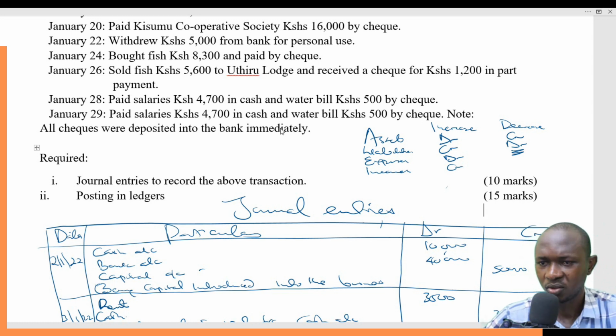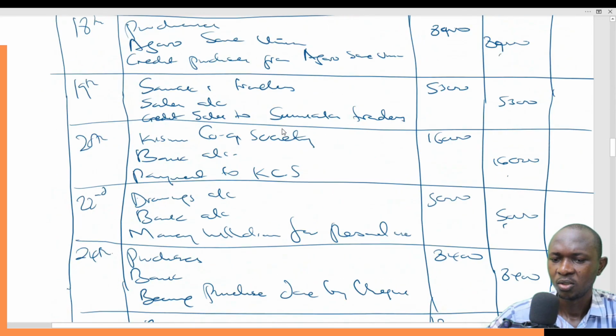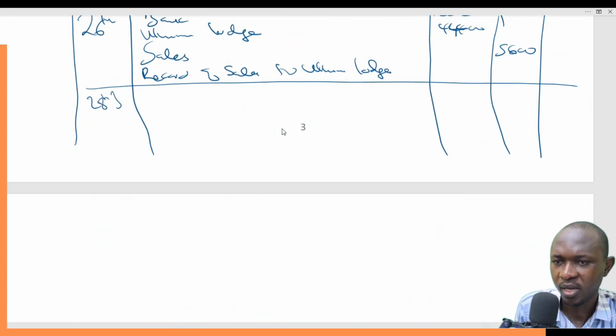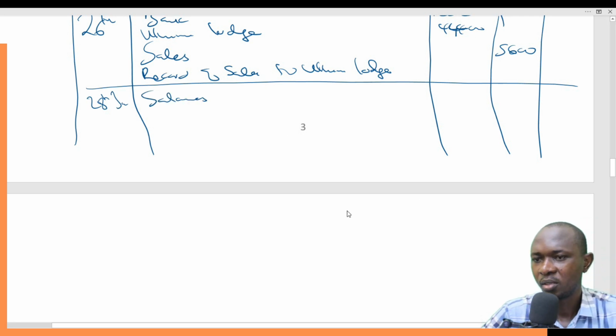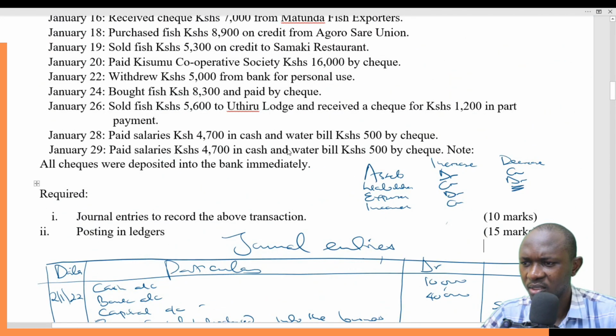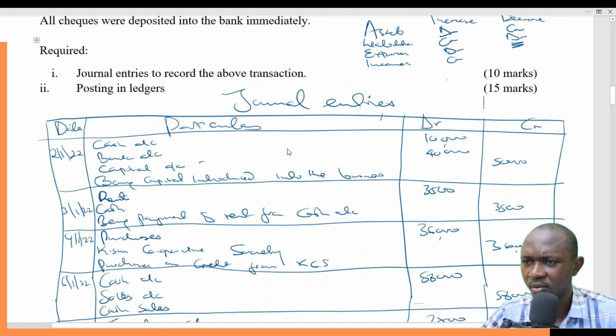So January 28th, salaries. Let me just get the figure again. Salaries is 4,700, then water bill 500. 4,700 in cash, then water bill 500 by check.